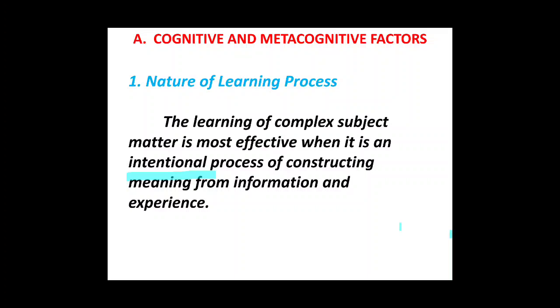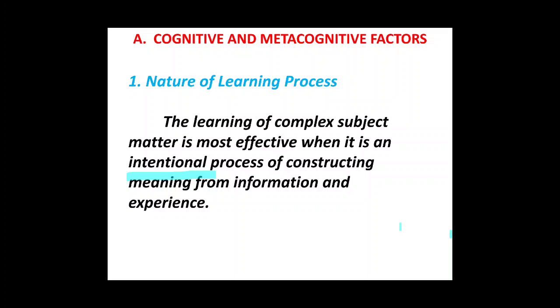You still remember our discussion regarding Gagne's events of teaching? Nine events of instruction according to Gagne. One of those, number 2, is to inform the learner of the objectives. Why? So that they will know what to expect and what to do inside the class within this period.